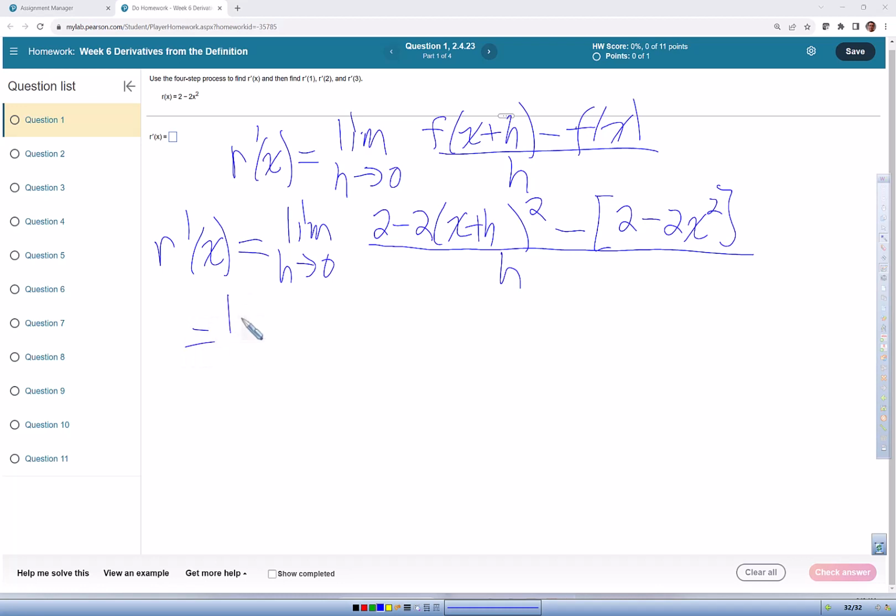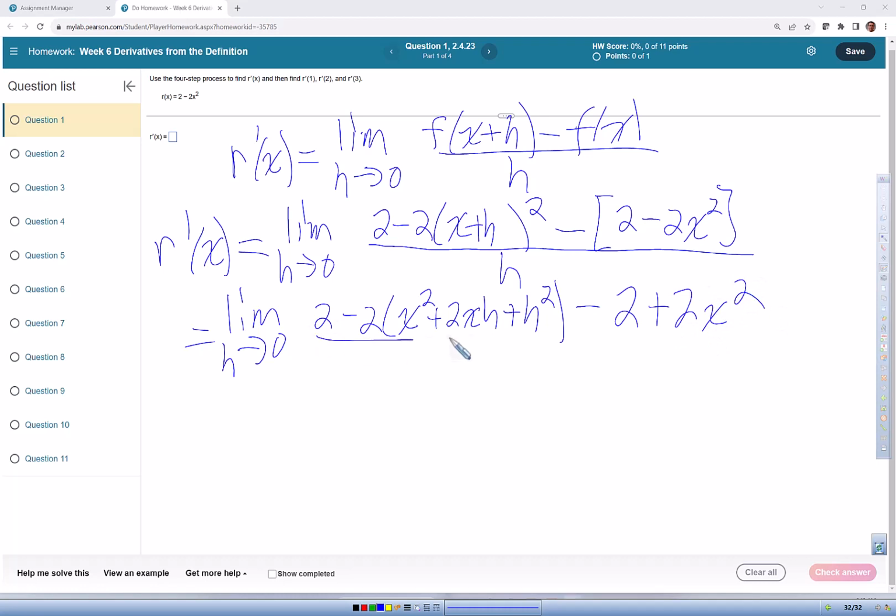And now I'm going to carry the limit notation forward, and I'm going to expand that binomial. So 2 minus 2 times x squared plus 2xh plus h squared minus 2, then minus and minus is positive, so plus 2x squared, all still over h.